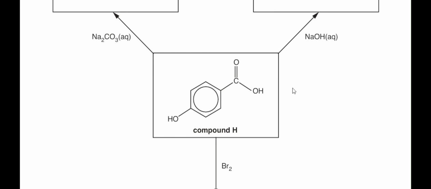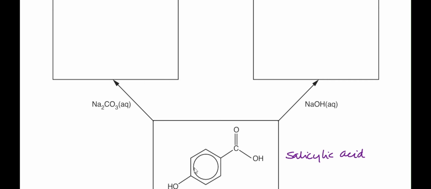This is otherwise very commonly known as salicylic acid. Right. Now let's look at the first reaction, Na2CO3 aqueous. We know that phenol is a weak acid, therefore it cannot react with Na2CO3, but the carboxylic acid group will react.